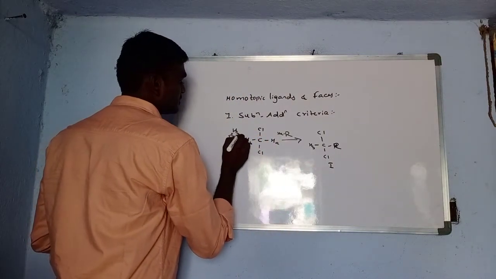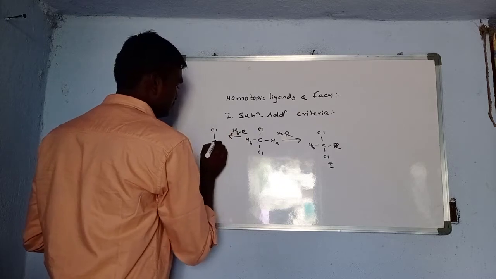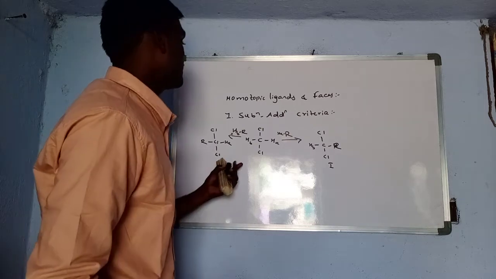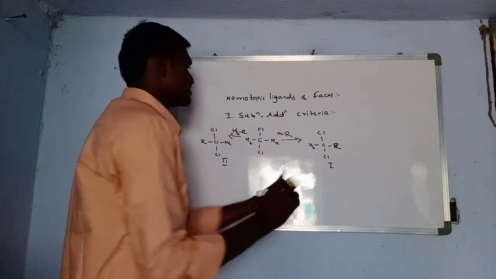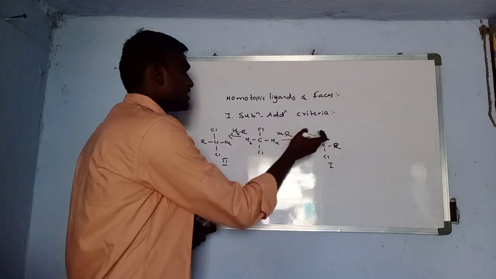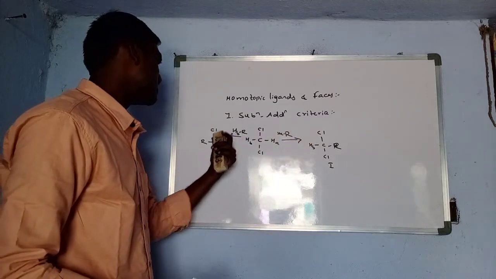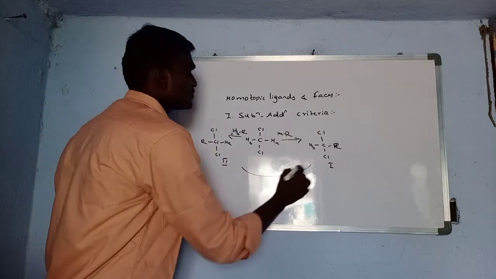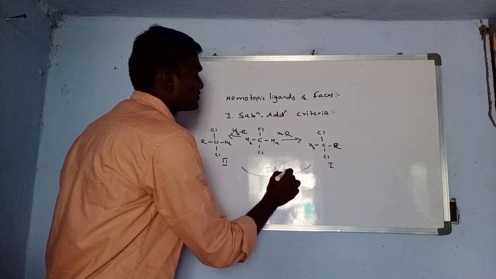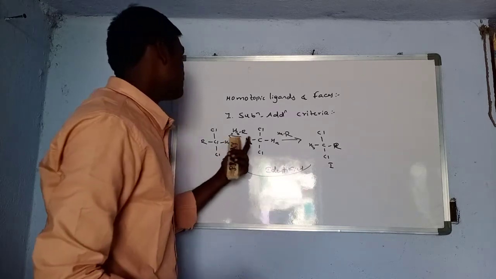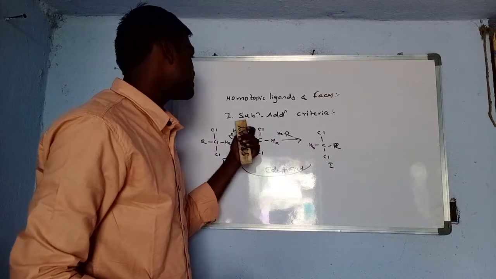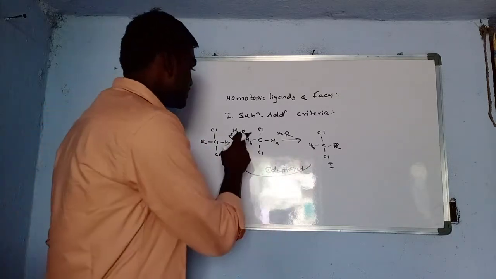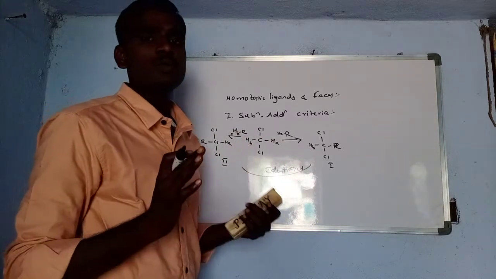Similarly, if we replace HB by R, we get structure 2. Seeing structure 1 and structure 2, both are identical structures. So whenever addition or substitution gives identical structures, these two ligands are said to be homotopic ligands.